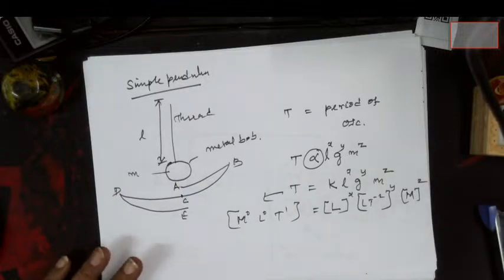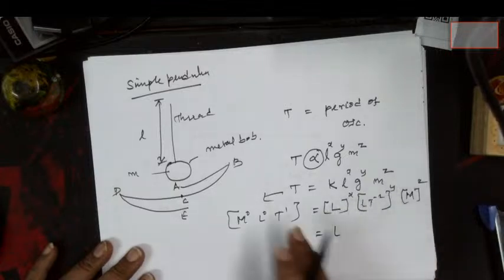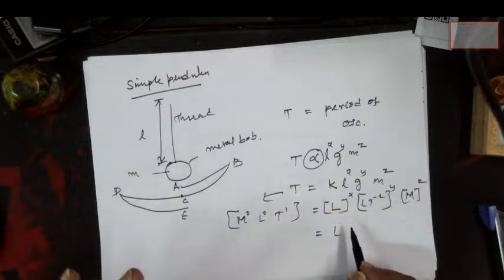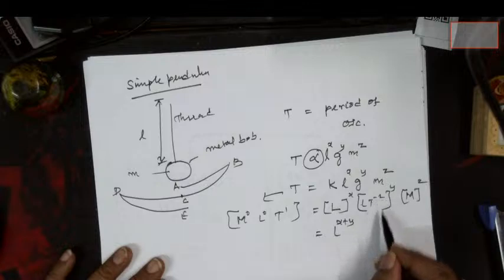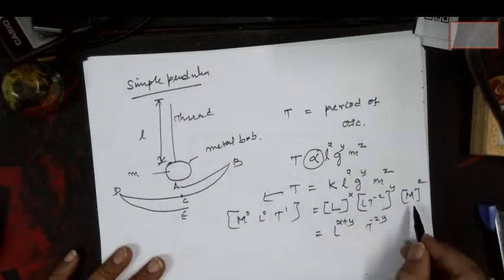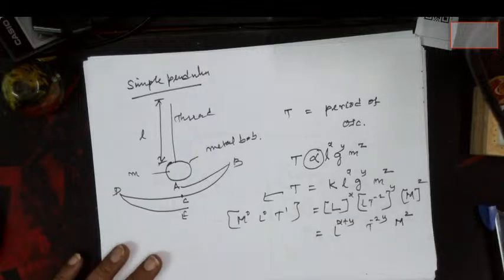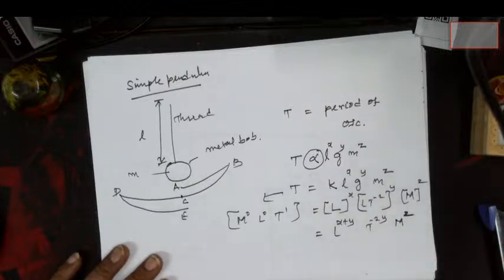Right. Now let us work it out. You have got L power x and L power y. A power m into A power n is equal to A power m plus n. So L power x plus y, correct? Then what about this one? T power minus 2y, right? And this one, M power z.